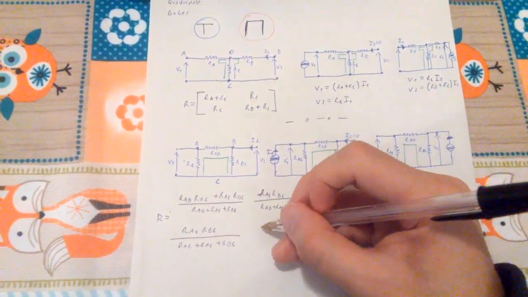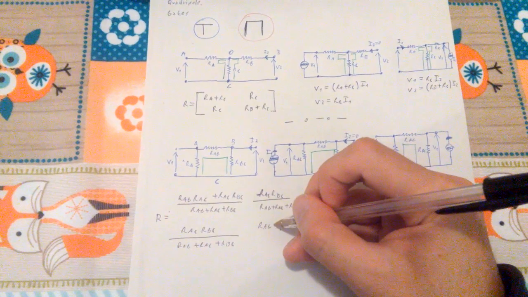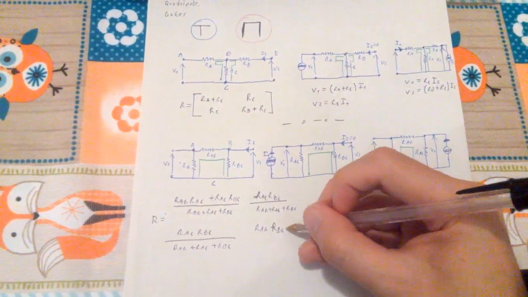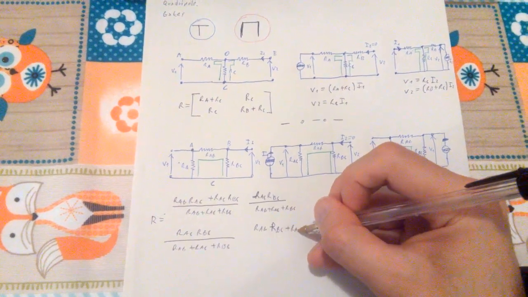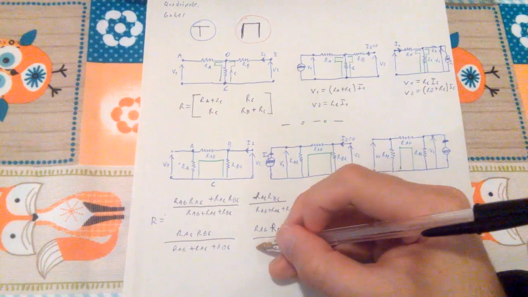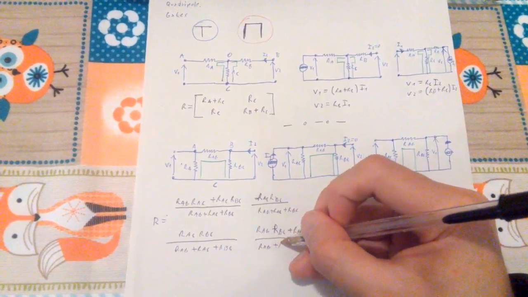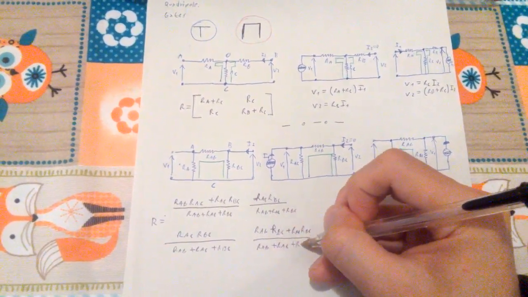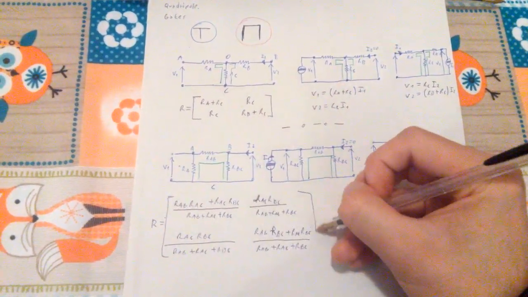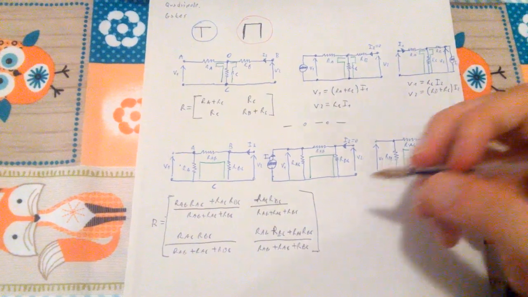And then here, we would have RAB, RBC plus RAC, RBC over RAB plus RAC plus RBC. So this big fat guy will be our matrix.